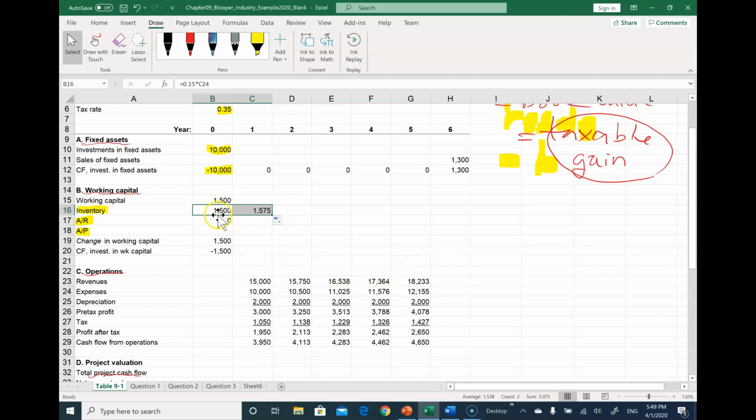In case of account receivable, today is 0 because revenue is 0 and account receivable is 1/6 of the revenue of the current year. So in year 1, because the revenue will go up to $15 million, 1/6 of that, which is $2.5 million, becomes the account receivable. So this is the amount of money that the customers owe to this company, right?